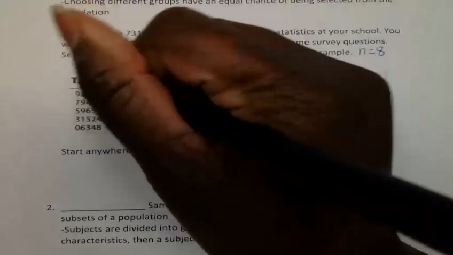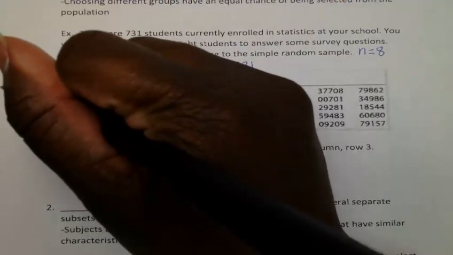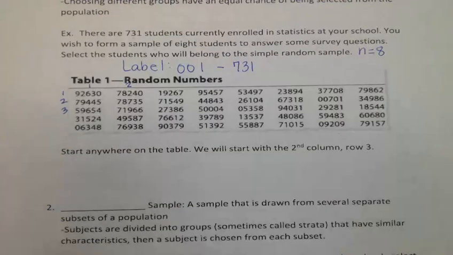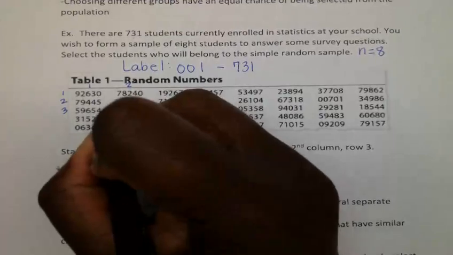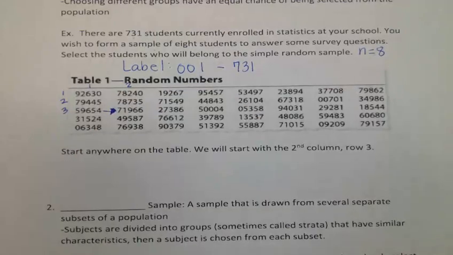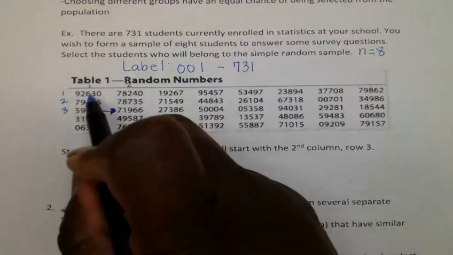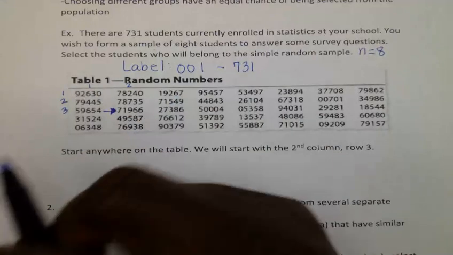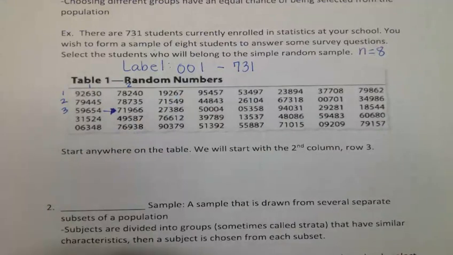So we're going to start here. You could have started here, could have started here, you could start anywhere. But to make sure that everybody's good, we're going to start at this specific spot. Okay? All right, let's go.